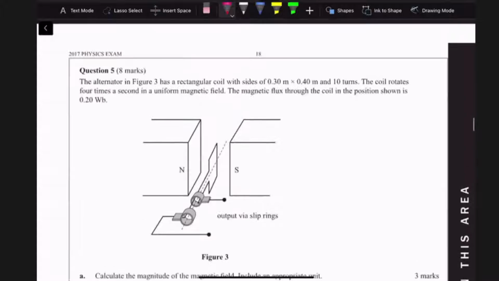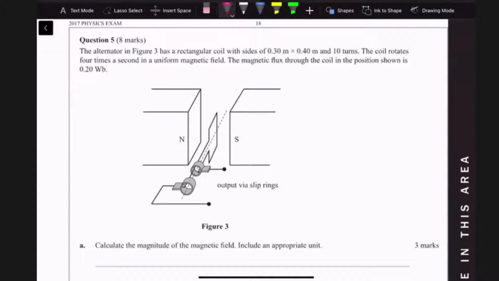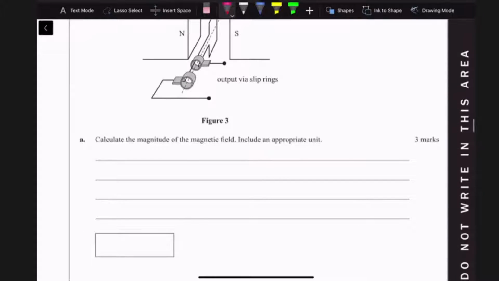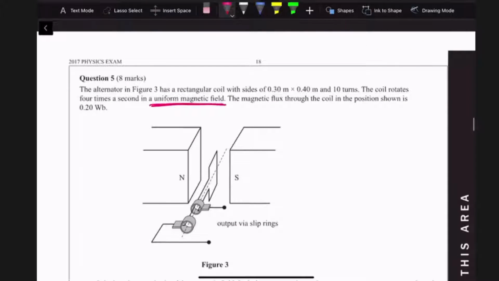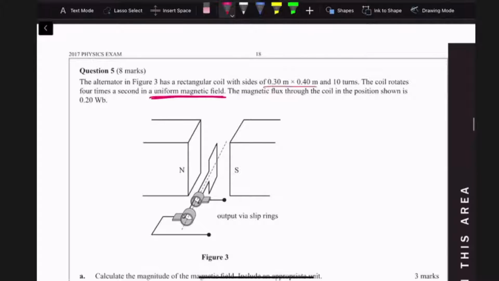So calculate, we have a coil here, and it's just a uniform magnetic field. So calculate the magnitude of the magnetic field. In this case, we have area and we have flux.